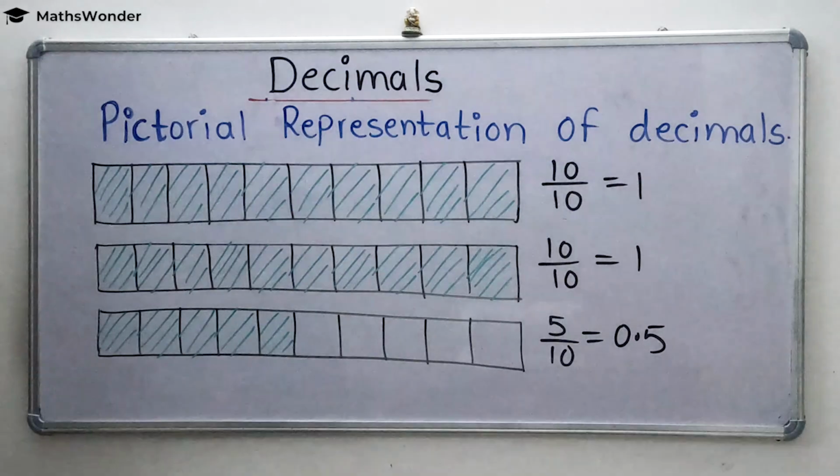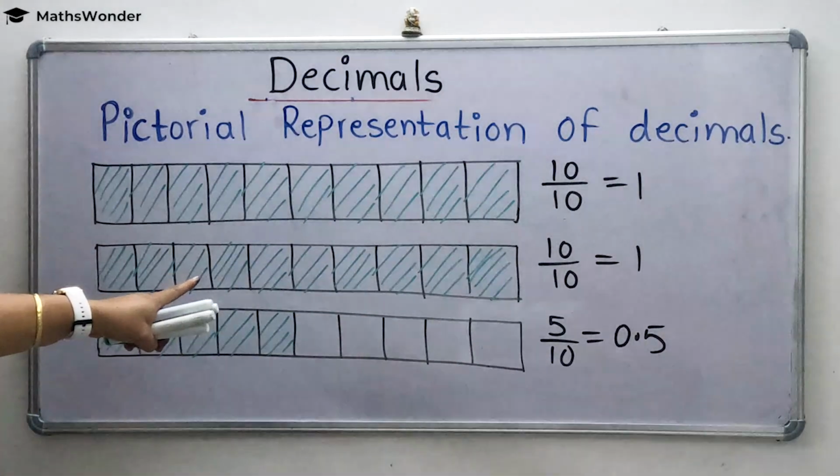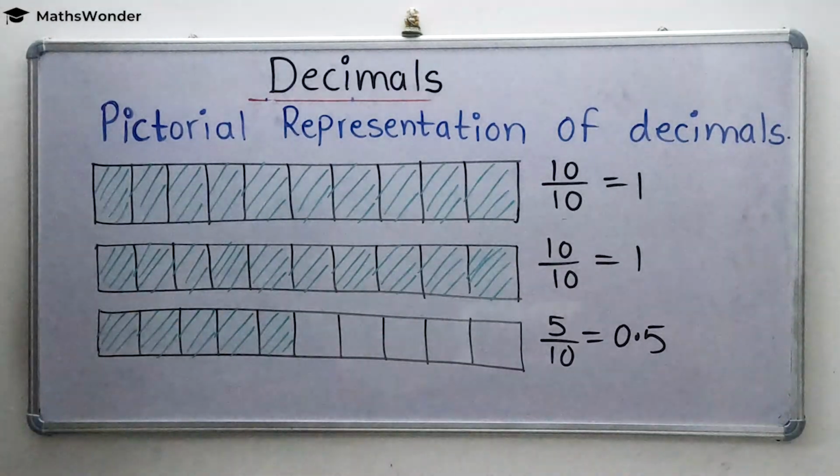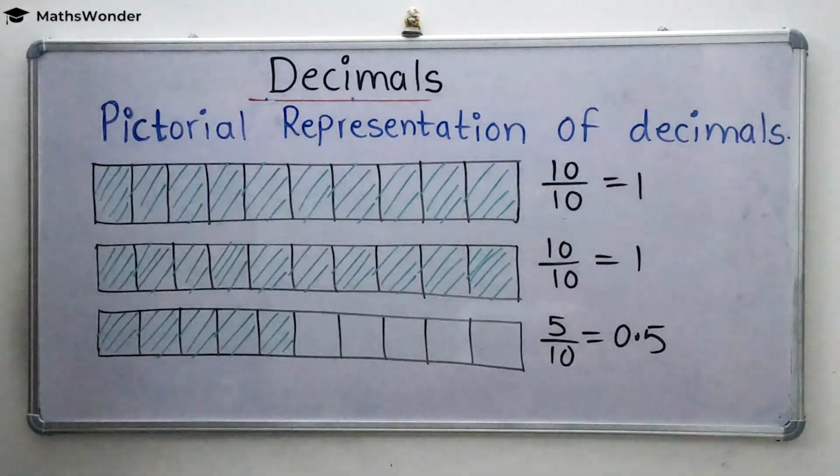Yes, absolutely correct. So the two totally shaded rectangles represent 2 complete parts, and the third rectangle represents 5/10, which is 0.5.